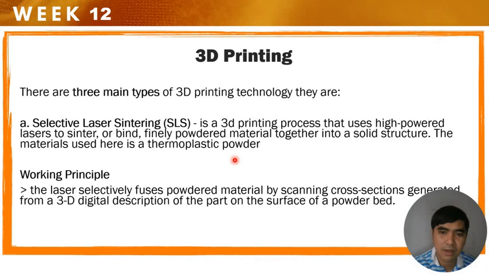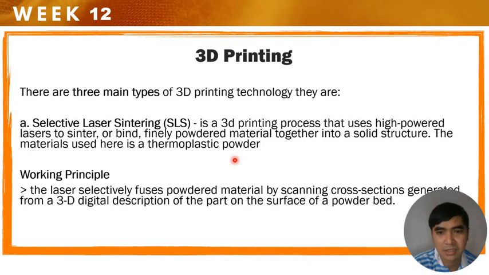The thing that you have to remember under this kind of 3D printing is that it utilizes high-powered lasers, and it is used with a large 3D printer, larger than a portable 3D printer.